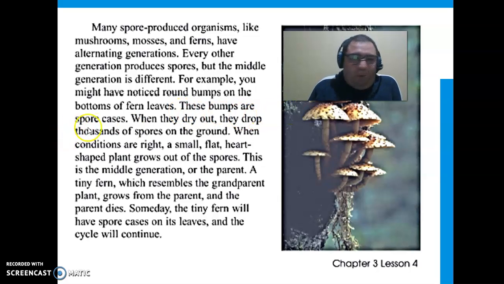These bumps are spore cases. When they dry out, they drop thousands of spores on the ground. When conditions are right, small, flat, heart-shaped plants grow out of the spores. This is the middle generation, and the parents are tiny ferns, which resemble the grandparents' plants.